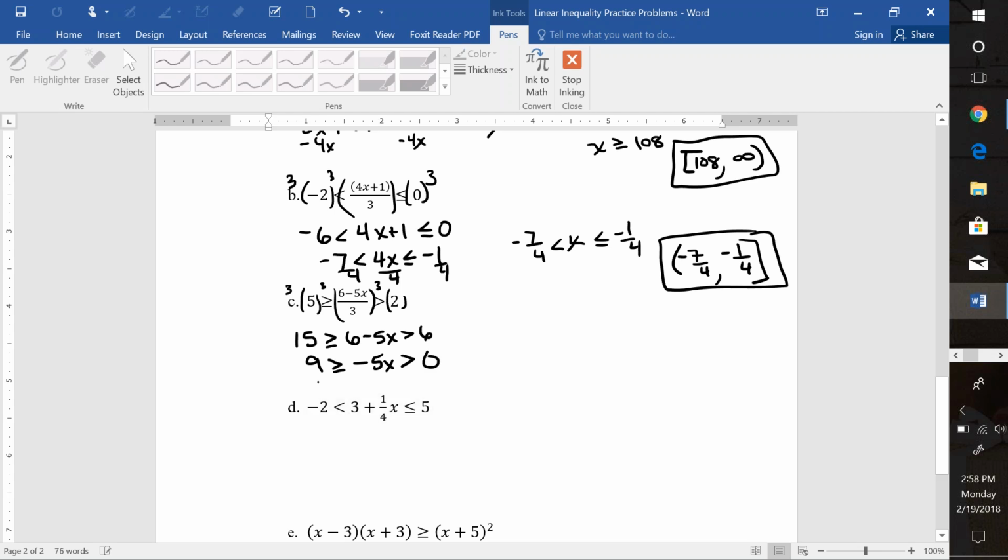We're going to divide everything by negative 5. Now because we're dividing by a negative, that flips both of these directions. So this would be negative 9/5 less than or equal to x less than 0. So this is negative 9/5 with a bracket up to 0 with a parenthesis. Remember, you only use the bracket when you have the equal to.